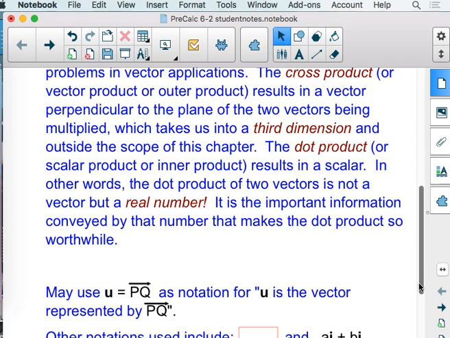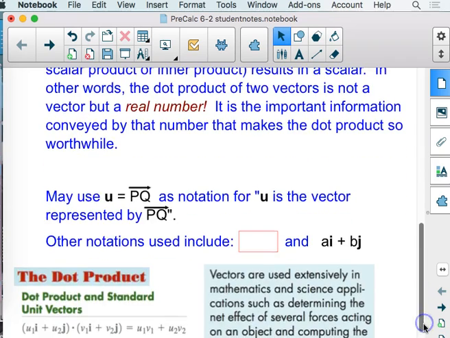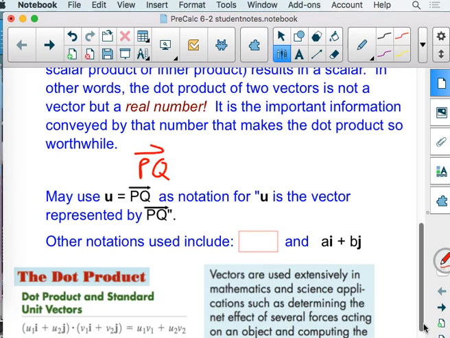Now, we talked about this earlier, that an arrow doesn't really mean a vector. It means it's representing a vector. So our bold little u, we learned right off the bat, it really should just have one arrow up there. And the arrow isn't the vector. It's showing direction and it's showing magnitude, but it's just a representation. That's all it is.